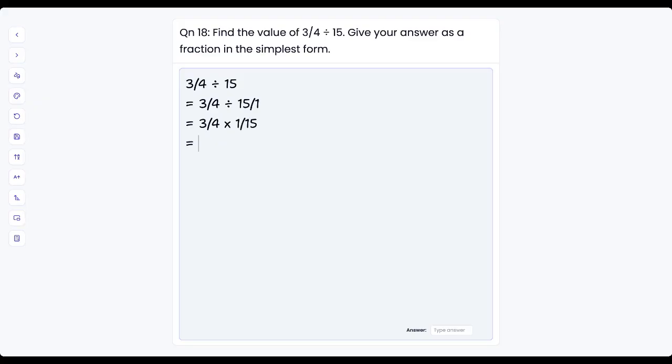Okay, so in this case, it will be 3 times 1 out of 4 times 15. Okay, then this will become 3 out of 60. And we can simplify this to 1 out of 20. Okay, there you go. So the answer is 1 out of 20. All right, let's move on to the next question.